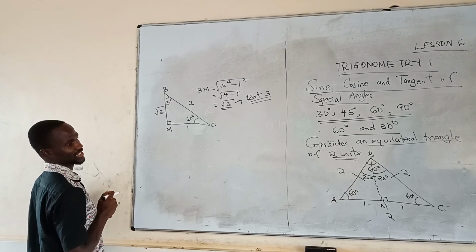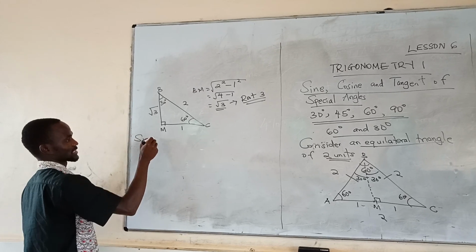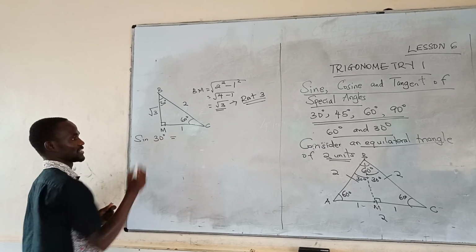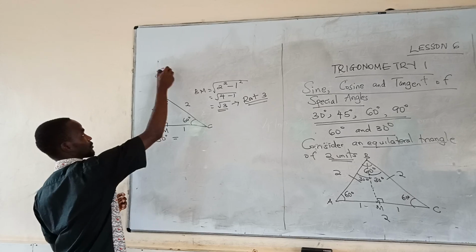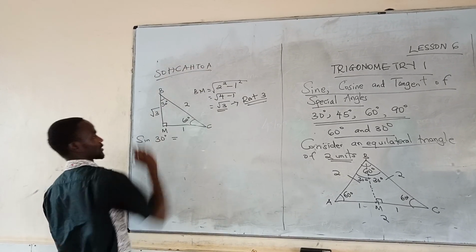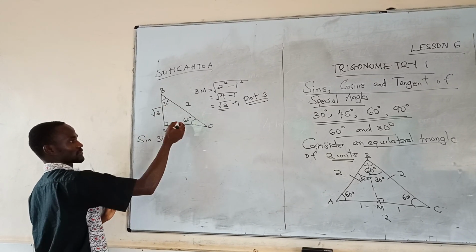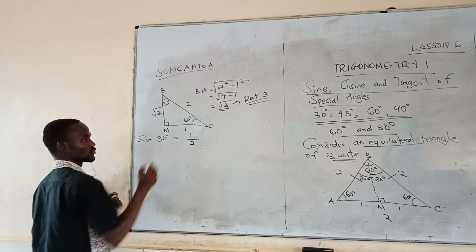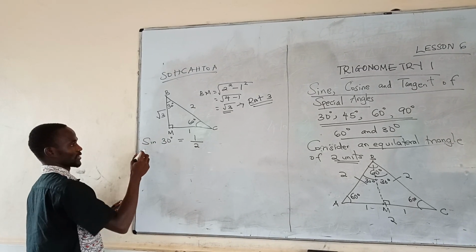Now we can get the representation of, let's say, sine 30 degrees. Remember sine from the previous lesson, we have our SOHCAHTOA there. Sine of 30 degrees, we are looking at the opposite, which is 1, over the hypotenuse, which is 2. So the sine of 30 degrees is a half.